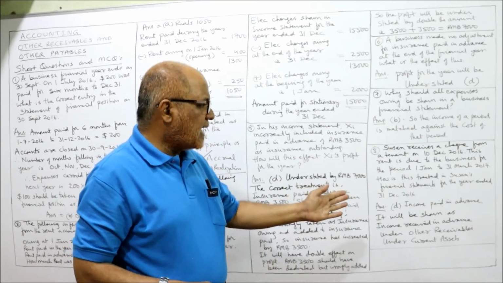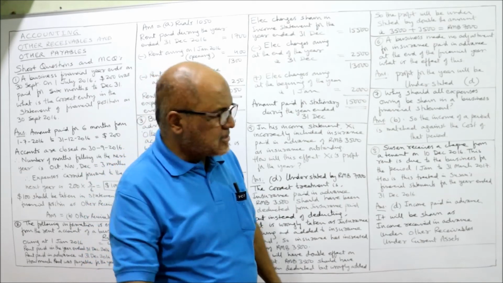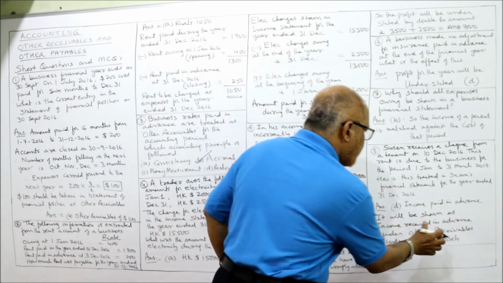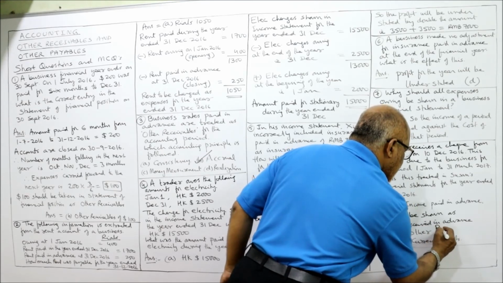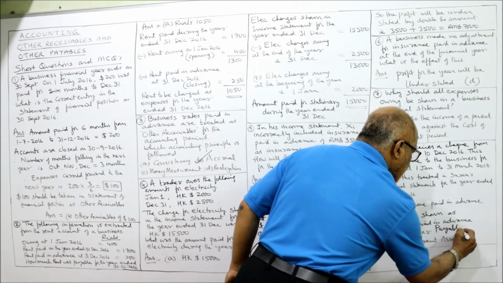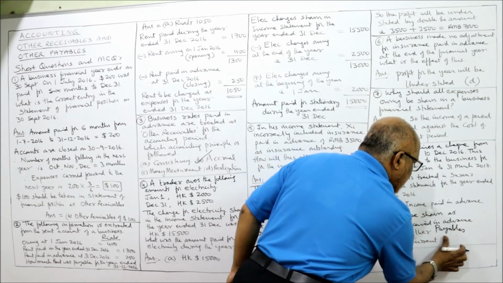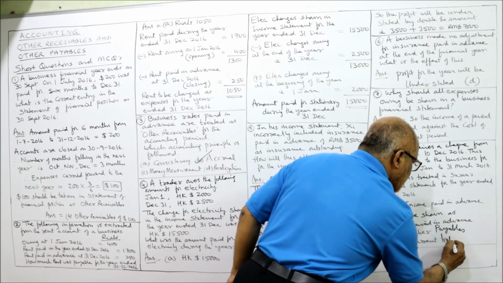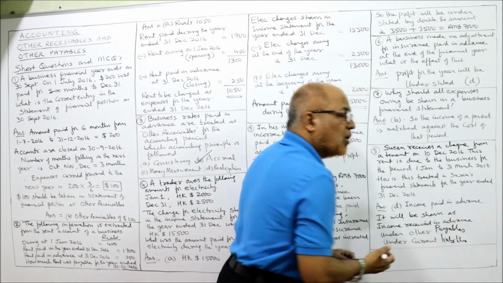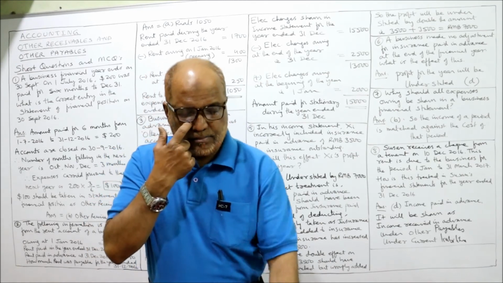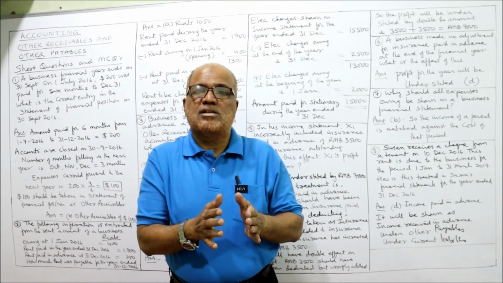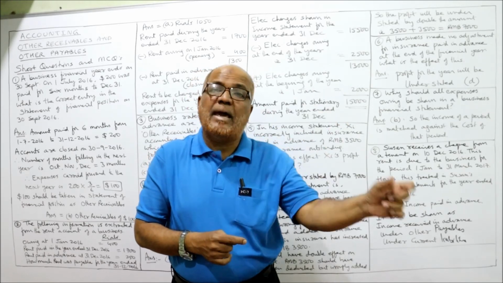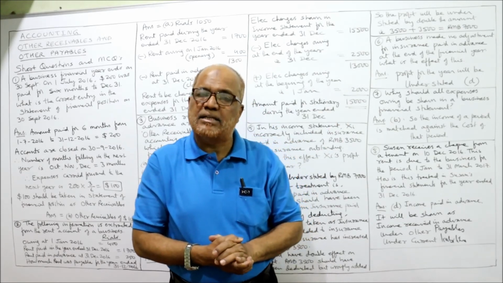Sorry, it will be shown as income received in advance under other payables, not receivables, because it is received in advance. Other payables are under current liabilities, not current assets, because it is income received in advance.